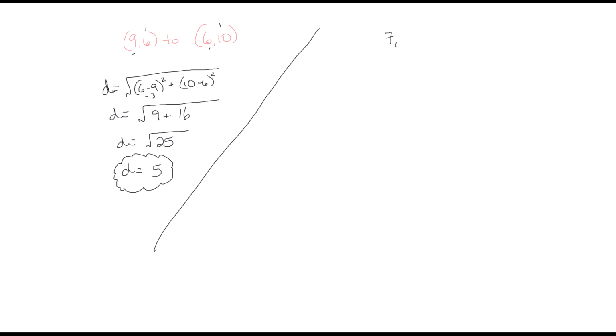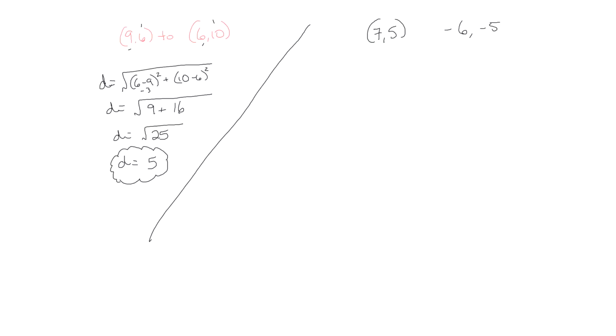From 7, 5 to negative 6, negative 5. Square root of negative 6 minus 7 squared plus negative 5 minus 5 squared.